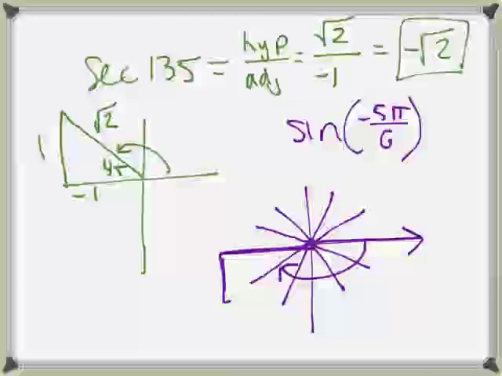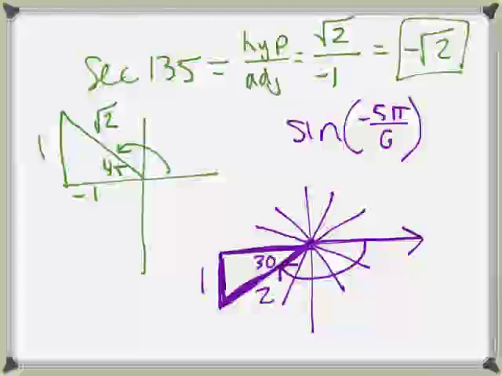And how big is that reference angle? How big is each slice? 30. 180 divided by 6 is 30.